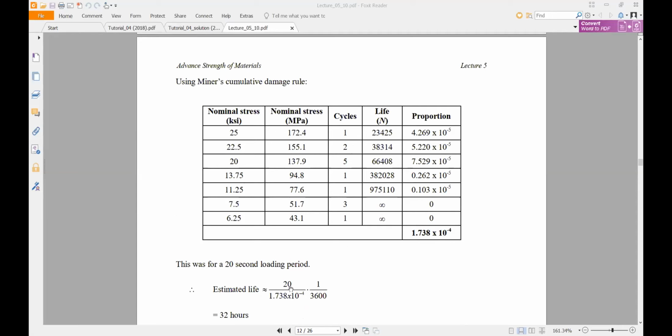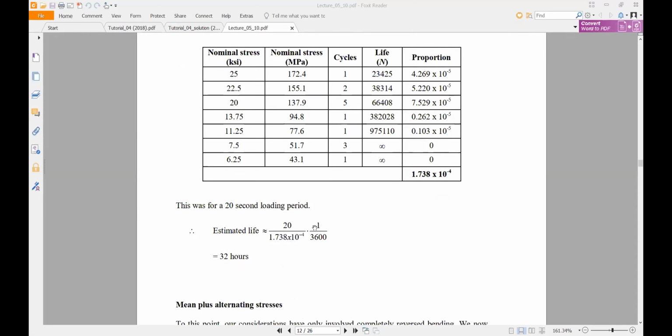So you need to divide the 20 seconds by this number of cycles. If you convert to hours, you need to divide by 3600 because this is in seconds. Then you will get the answer for the estimated life, 32 hours.